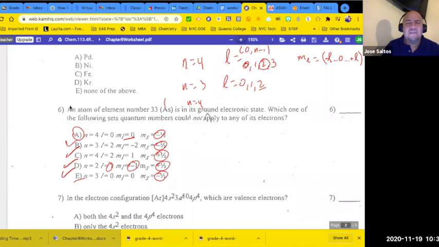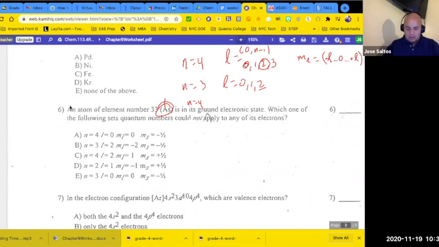So what do we do? Actually, we have to pay a little more attention to the question. Which one of the following sets of quantum numbers could not apply to any of its electrons? And we're talking about arsenic, any of its electrons. So now I'm thinking, what do they mean by any of these electrons?